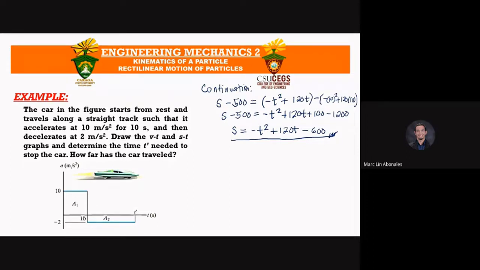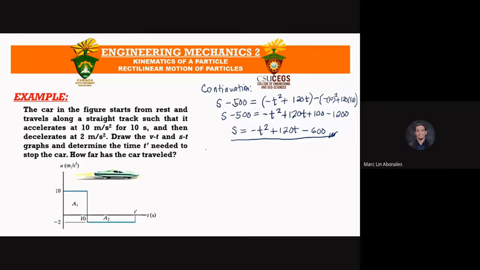Since the car stopped at time 60 seconds, we use this expression S is equal to negative t squared plus 120t minus 600 to determine the total distance traveled by the car.